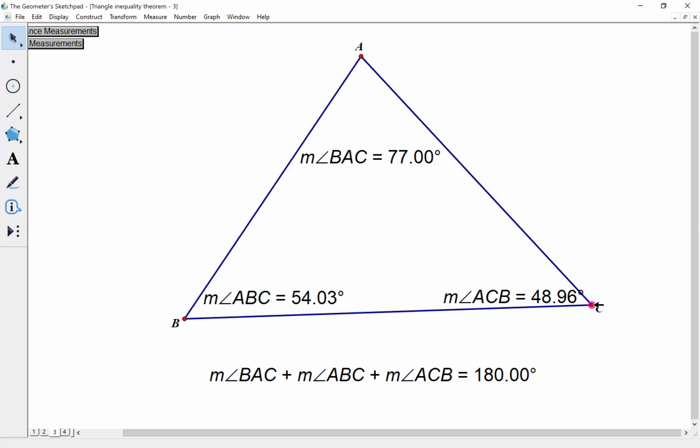No matter how much I change this, it always goes to 180. Pretty cool. Now, this is an experiment that you guys could try at home. I'm not going to do it now.